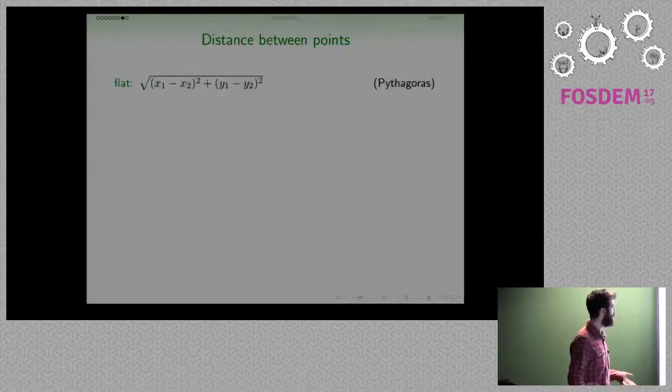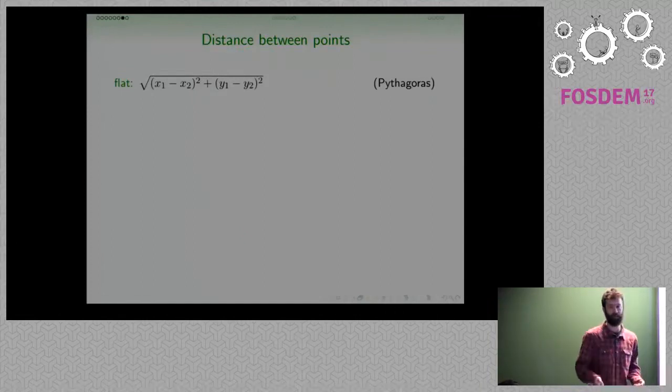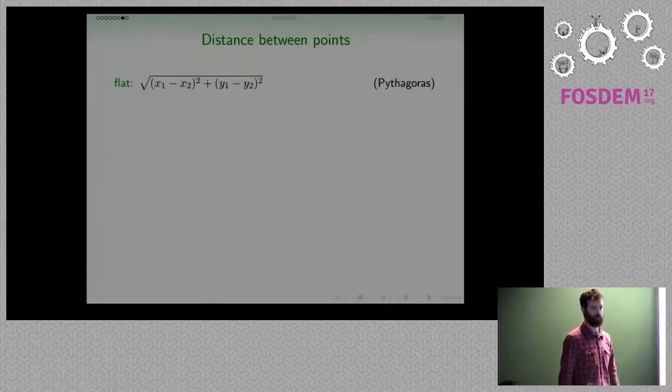So the main problem here, as you can realize, is the distance of 2 points. All of these algorithms need to compute the distance between 2 points. In flat, you knew everything from primary school. It's the Pythagorean theorem. It's quite simple and also simple to implement.